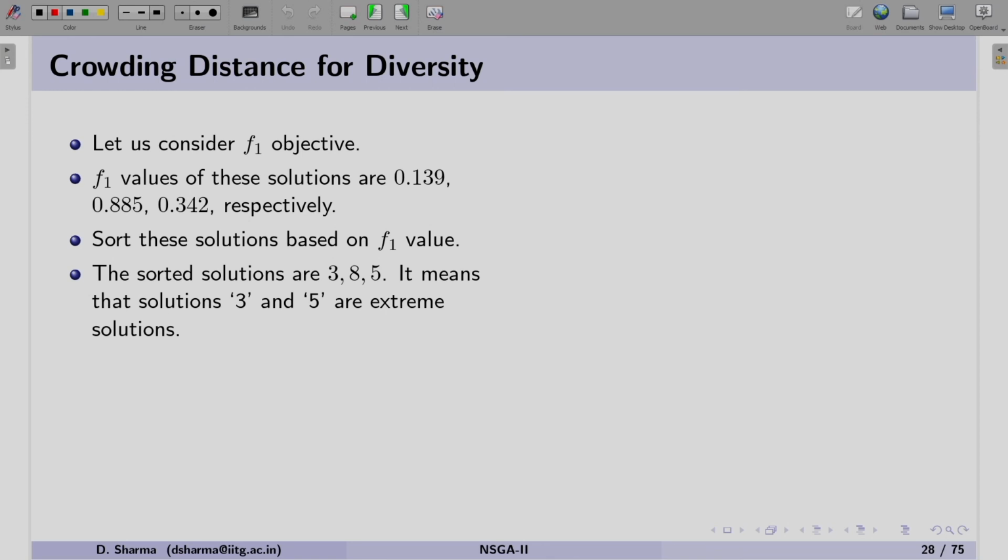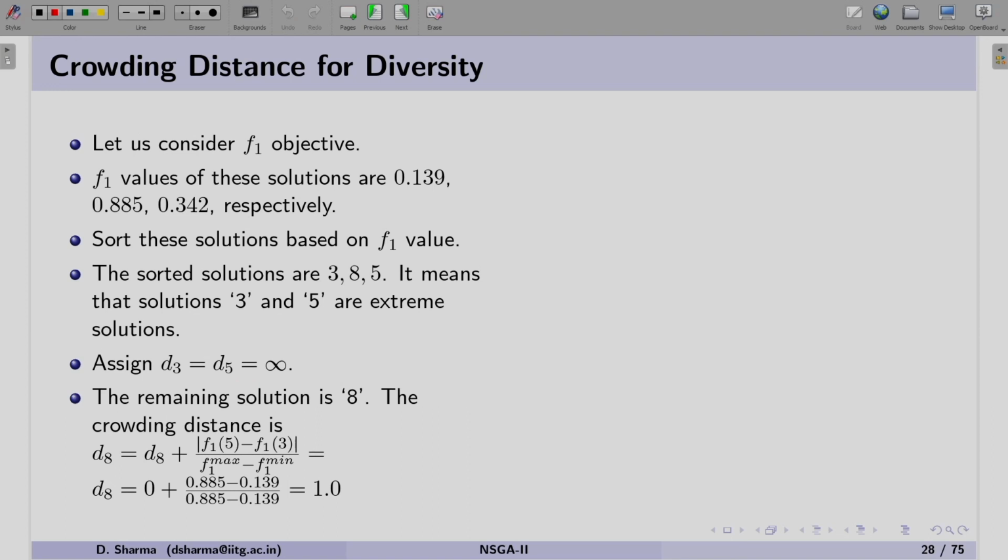So, the solutions are sorted as 3, 8, 5. Now, looking at this sorted list, we have to find the extreme solutions. Solution number 3 and solution number 5 are the extreme solutions, and we assign D3 and D5 an infinite value, because we want to preserve the extreme solutions of every front.